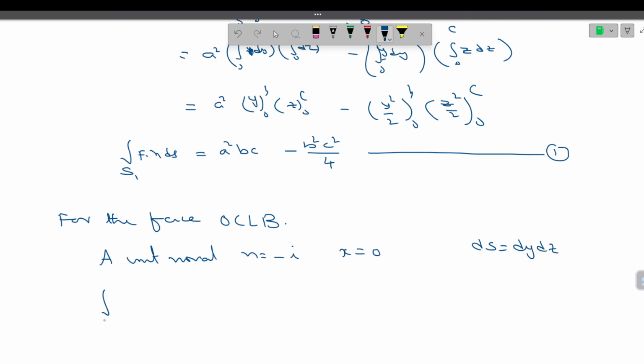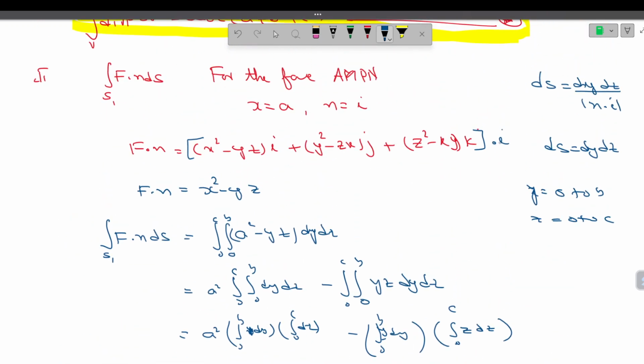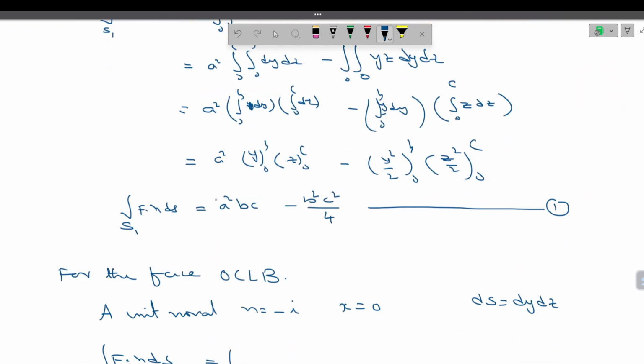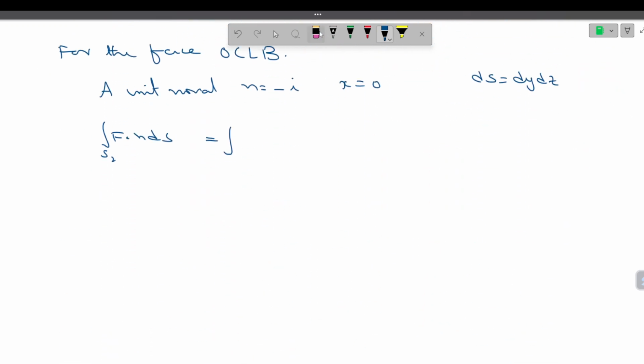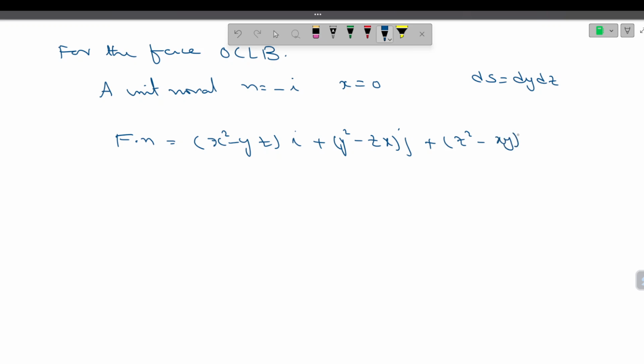Same we are taking. So integration taken over the surface S2 of f dot n ds equal to, you see, what is f dot n? Minus i means x is 0. Let me go for that step. So f dot n. What is our f? x square minus yz of i plus y square minus zx of j plus z square minus xy of k.